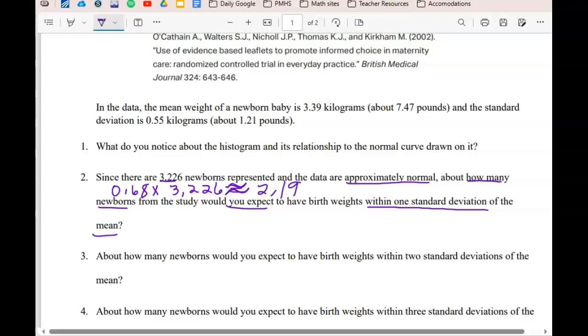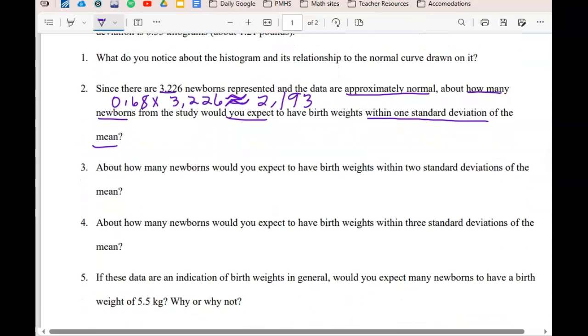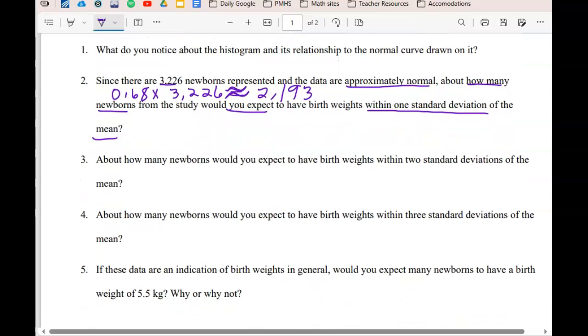Why? We need a full baby. So 2,193. Why can't it be more? Because it's not a full baby. Okay, so this is how many babies are going to be in that first deviation.